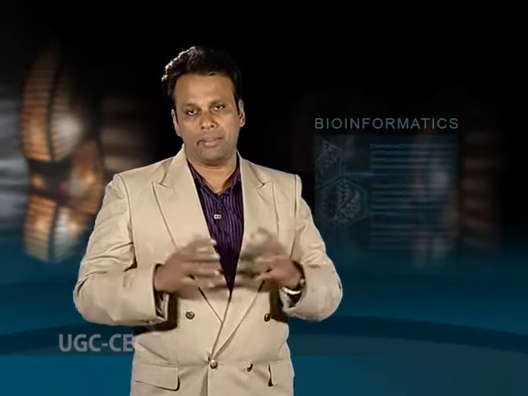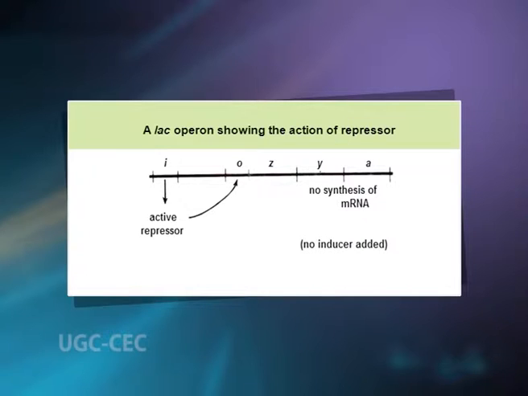In the lac operon of E. coli, the repressor is synthesized through the activity of a gene LAC-I, known as the regulator gene. The repressor then attaches to the operator gene and checks synthesis of mRNA. This is clearly depicted in this figure.